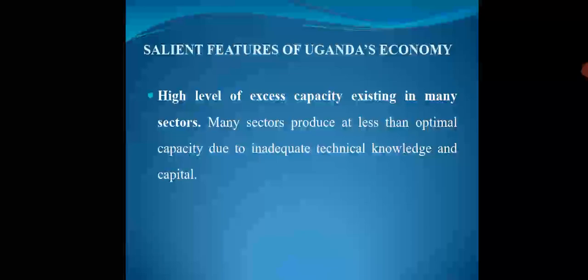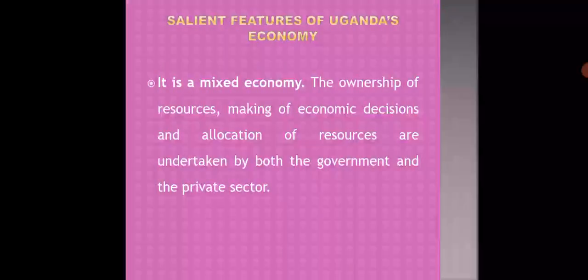So since there is not much capital in the country, not every farm has the capital it requires, so they are going to produce at excess capacity, and this is also due to the inadequate technical knowledge. So you find that some people do not have enough knowledge about what they are producing, and so it will lead to the production at excess capacity.